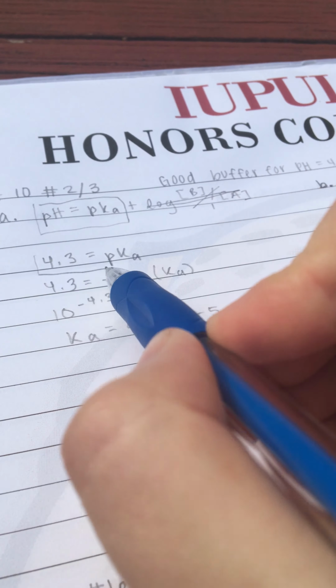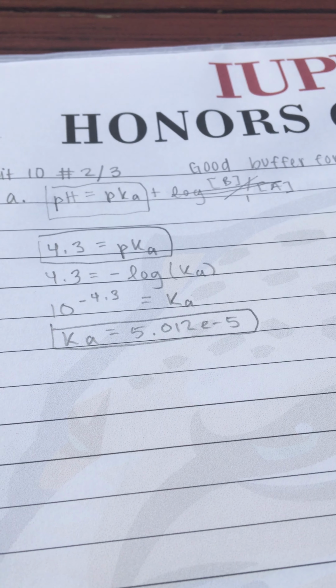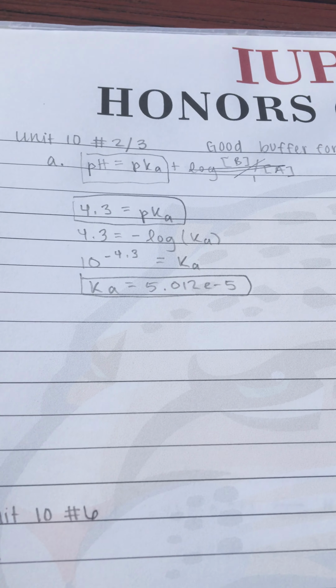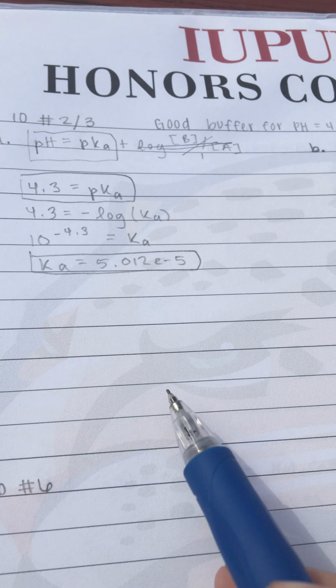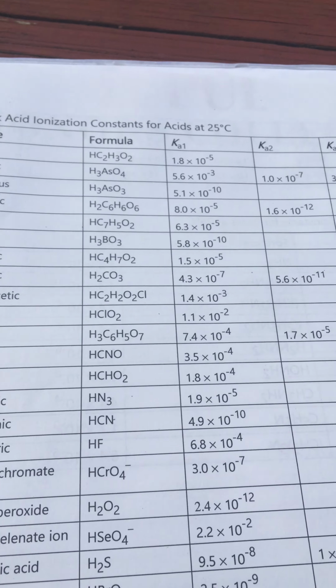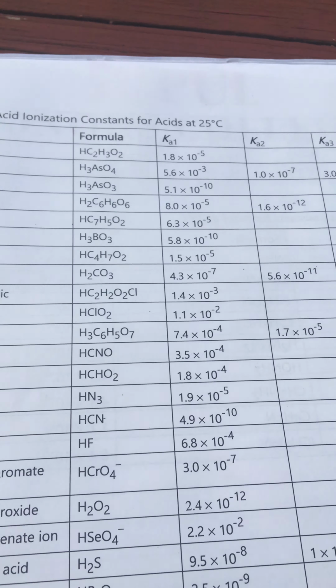Part B, it asks you to use your Ka chart to choose an acid that you could actually use for this. So we know your Ka is 5.012 times 10 to the negative 5th. So on your Ka chart, you want to look here for everything that has times 10 to the negative 5th. I'll go through and circle them.